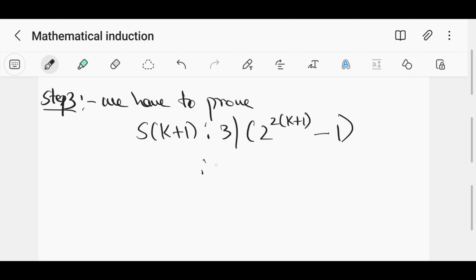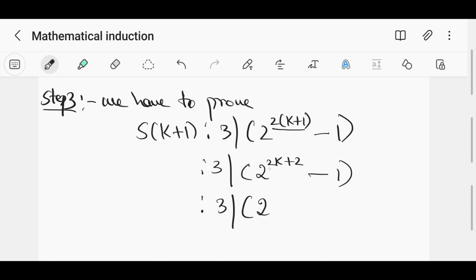So here 3 divides 2 to the power, this term you have, 2 into (k+1), just multiply them. What do you get? 2k plus 2, minus 1, write it as it is. Now 2 to the power m plus n, I can write it as 2 to the power m into 2 to the power n, isn't it?